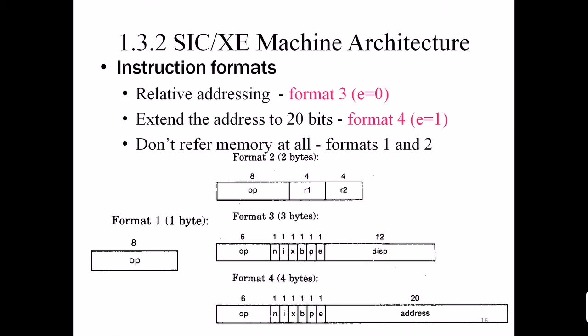P is the program counter, B is the base register, X is the index register, and N and I are zeros and ones that select the addressing type.